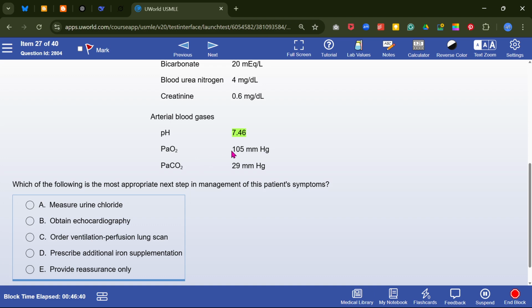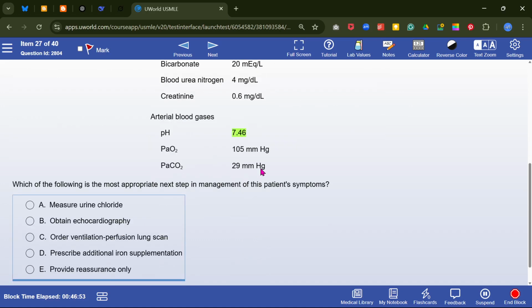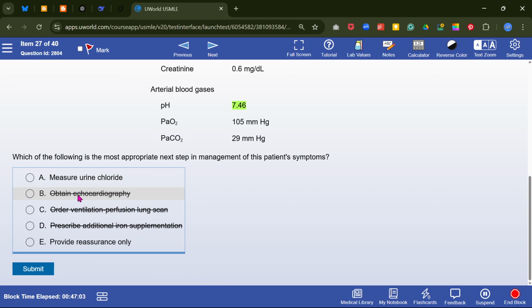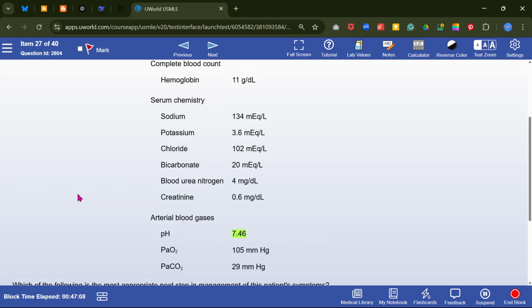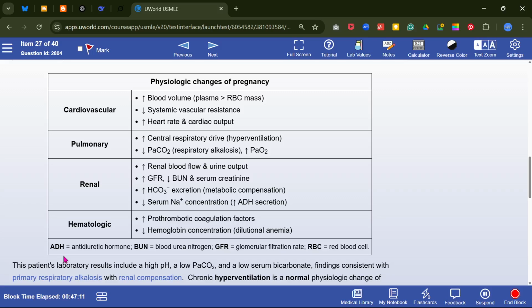But there is respiratory alkalosis. Maybe it is a physiological problem.